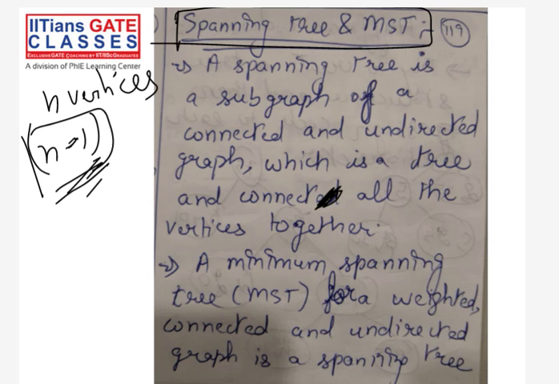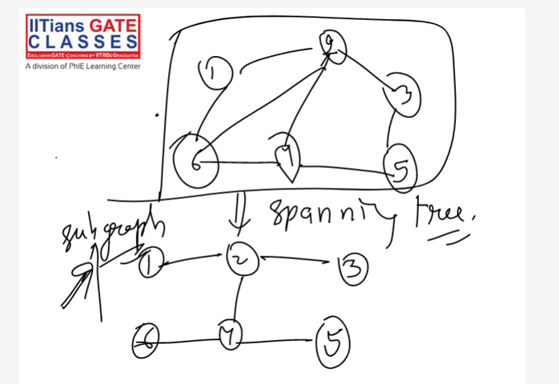So a minimum spanning tree is basically a weighted connected graph. So right now I took this graph, and this was unweighted. Unweighted means there's no weight on each edge. So by default, you can assume same weights, like you can assume weight as 1. Okay. But now we are saying we have a weighted connected graph. So basically each edge will have some number. That is called the weight of the edge: 10, 11, and 12, something like this.